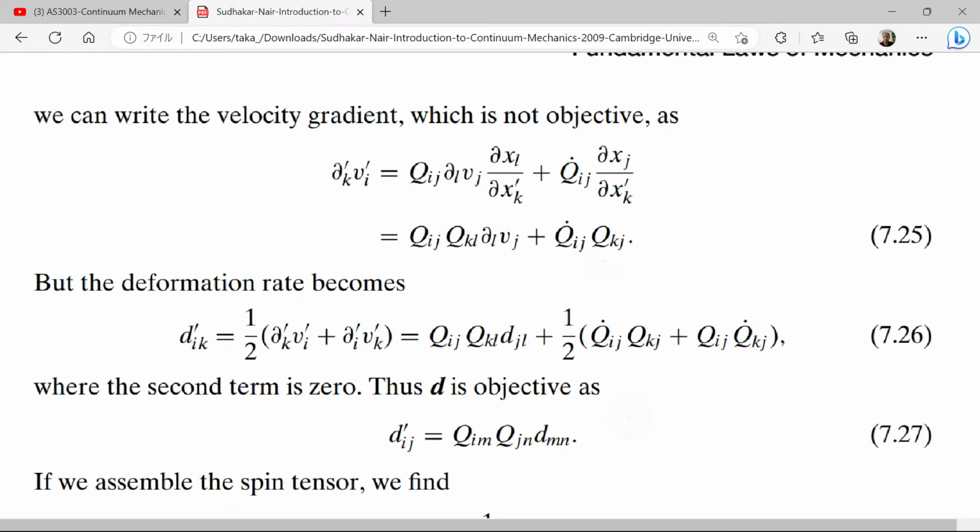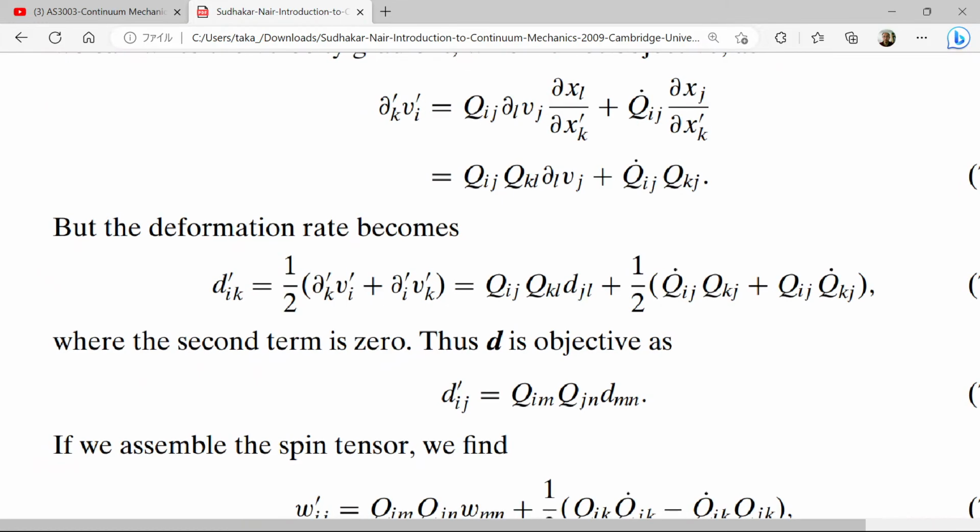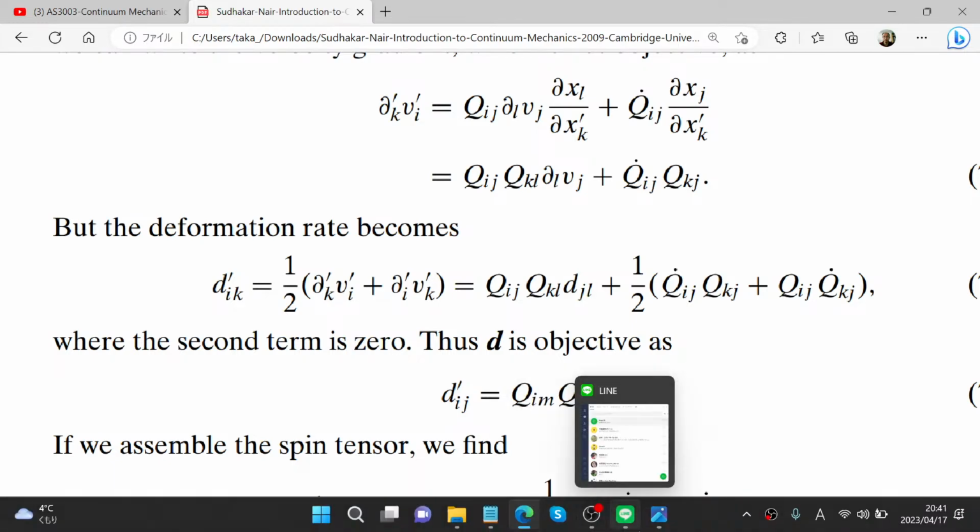I don't get a pen. What's happening here? I don't understand this.